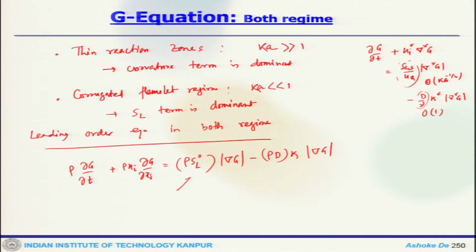So this term, with the assumption that rho u equals rho u SL0, which is constant, and this is also constant. So now we can use our knowledge of statistical description and we can actually define this.